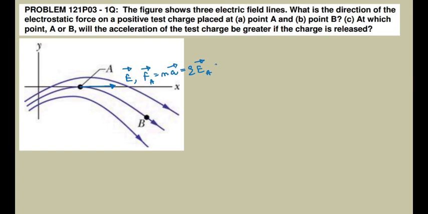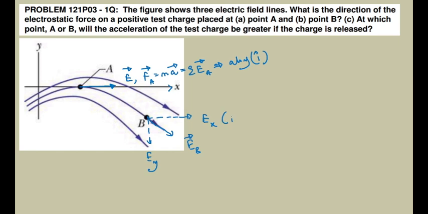So this force is along i cap, as this is along the positive x-axis. I hope this is clear. Think about point B. This is the direction of the electric field at point B, right? So it will have two components. I can say this is Ex and this is Ey.